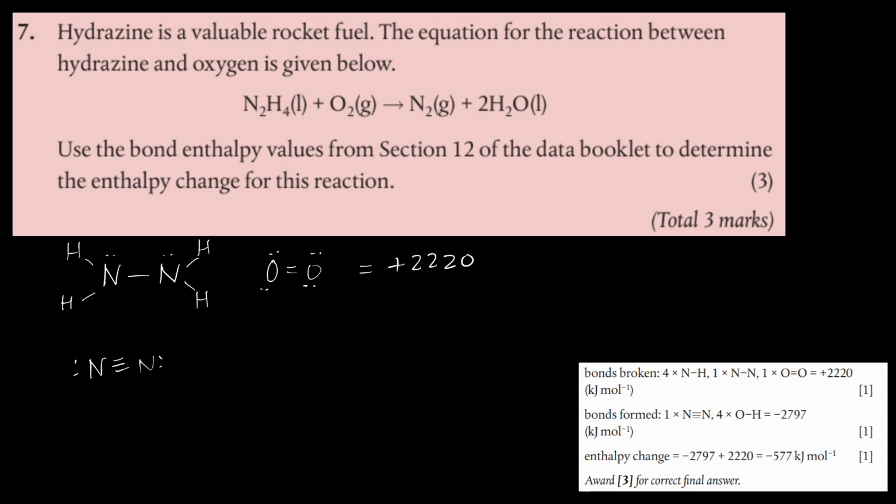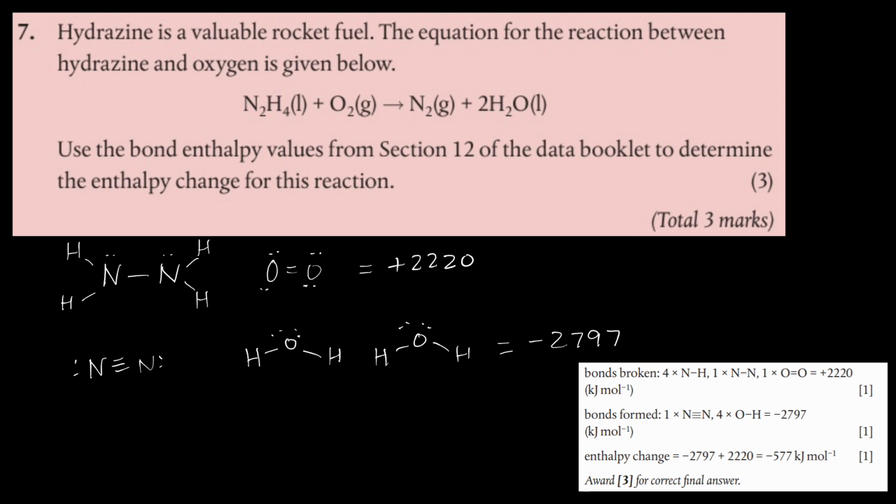And then if we look at our bonds formed, or our products, we have N2, and we have 2 waters, so that's going to be H2O. So if we add all of those together, that's going to give us negative 2,797.